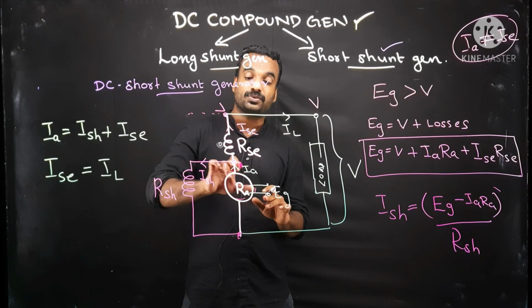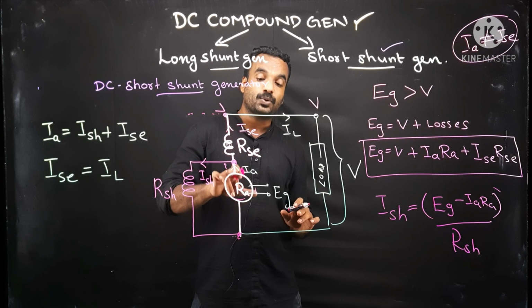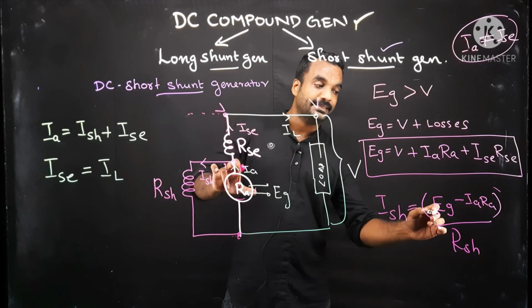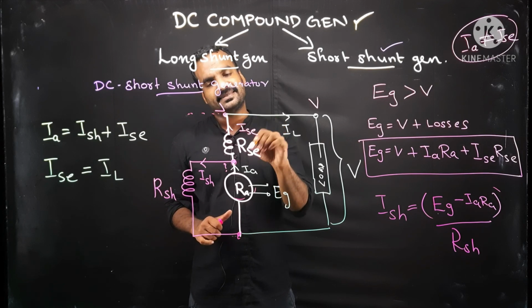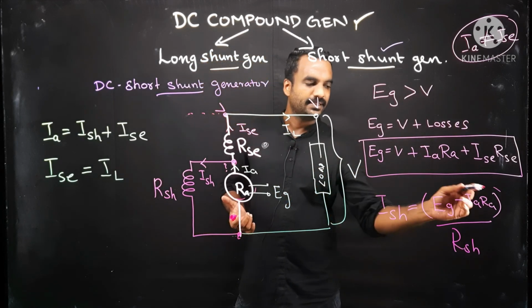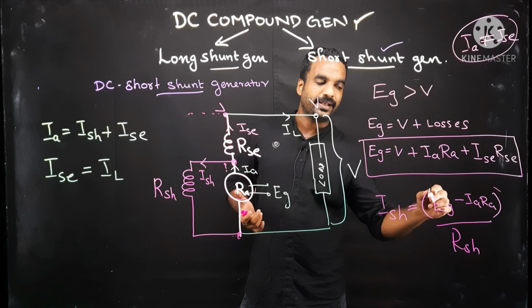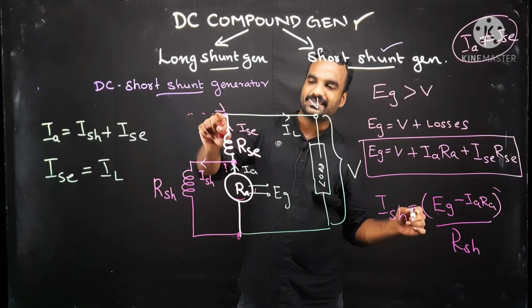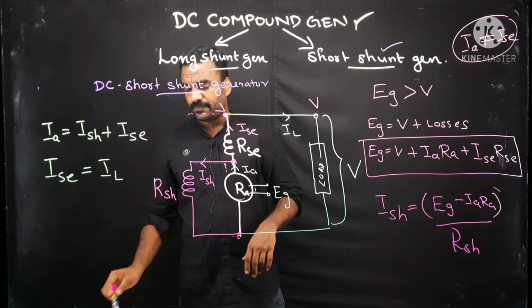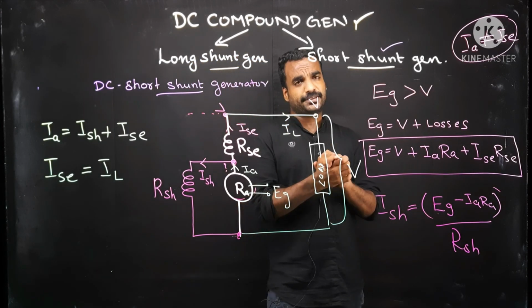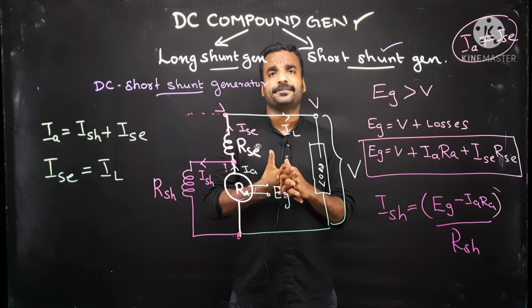But now it is connected to some other point. So you want to calculate that voltage, that is EG minus IA RA. Or it can be determined in another way in terms of V, that is V plus ISC RSC. That is also same.